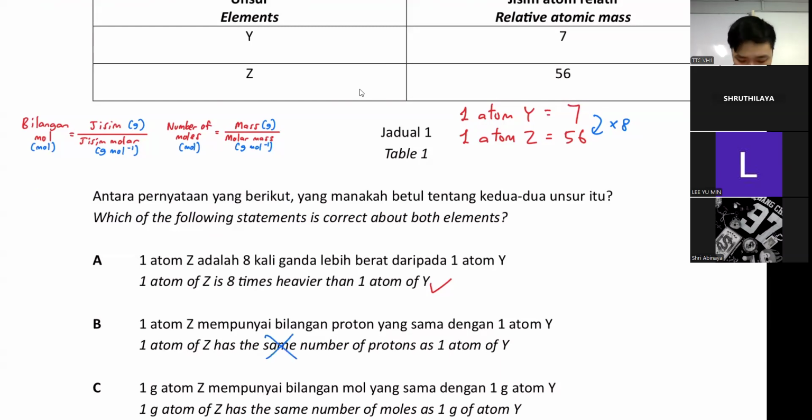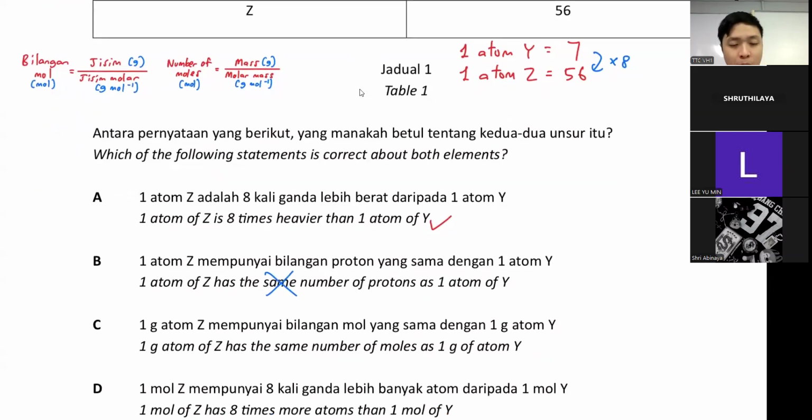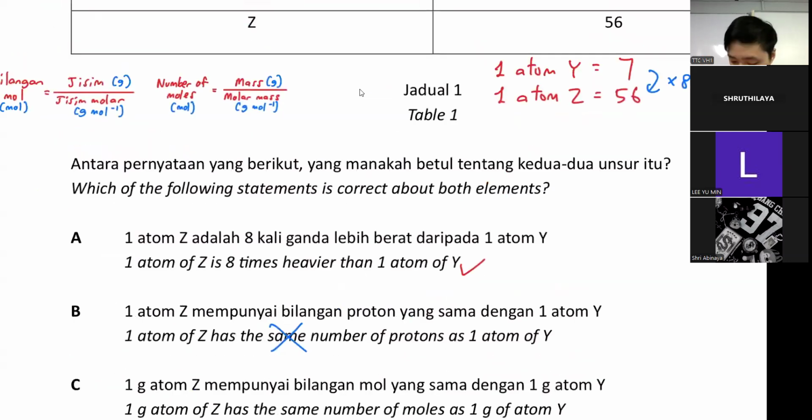C, 1 gram of atom Z is the same number of moles as 1 gram of atom Y. Cannot be the same number of moles. Because logically, they tell you 1 gram, 1 gram. If you put this formula, number of moles equals mass over molar mass.